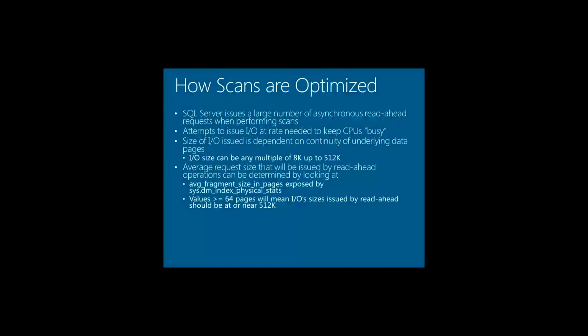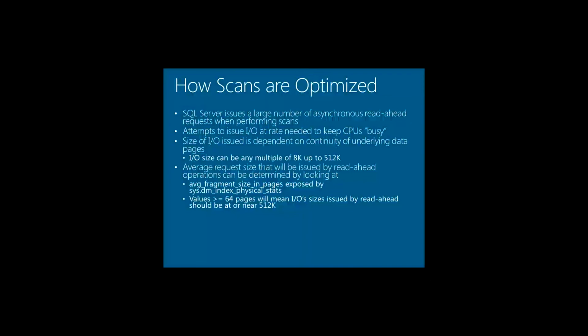So we issue a large number of asynchronous read-ahead requests. We're going to try and get ahead of where the application is reading pages. We're going to anticipate the need for data, and hopefully the IOs are satisfied by the time we actually get to reading that data. IOs are issued at a rate needed to keep the CPUs busy.